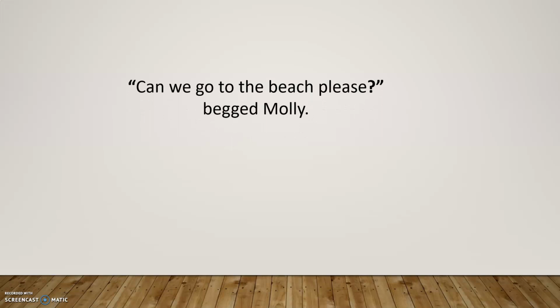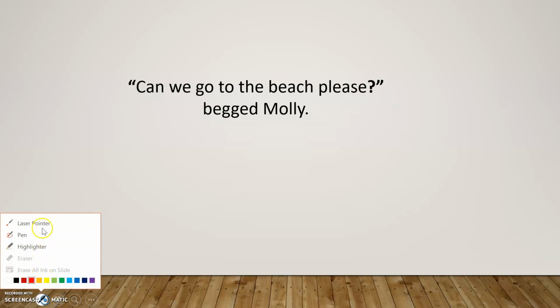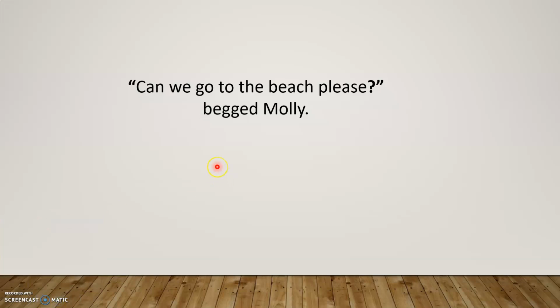Here is an example of quotation marks being used correctly. The direct speech in this sentence is at the beginning. The direct speech is, "Can we go to the beach, please?"